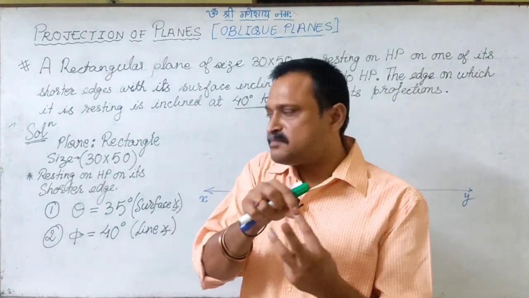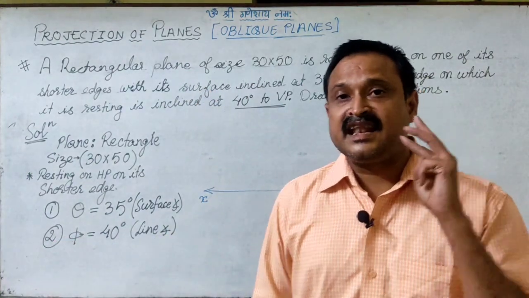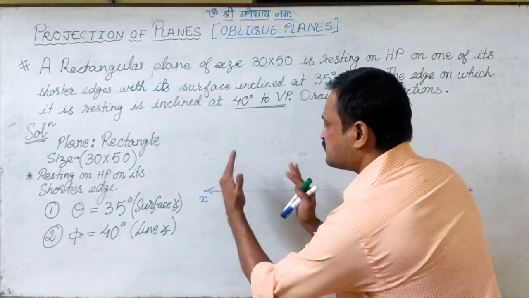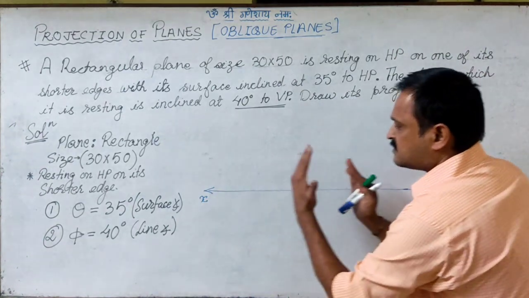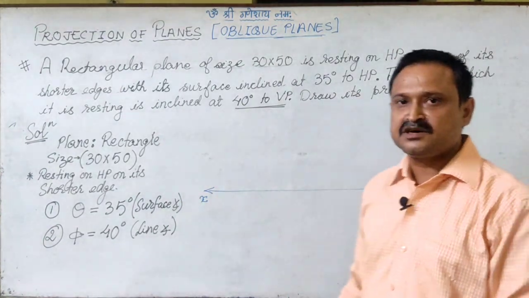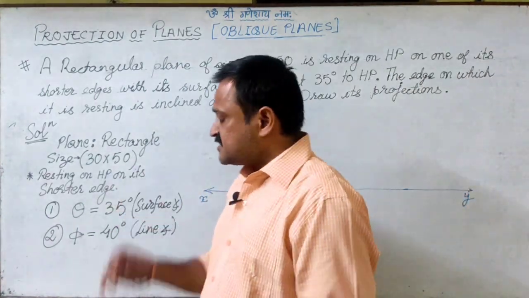And the third step, which will be the final step, wherein we will be putting in the line inclination that is going to complete our projection. So we will be drawing it in 3 steps: the initial condition, the first condition, and the final condition. That is how we are going to solve it. So let us begin this.